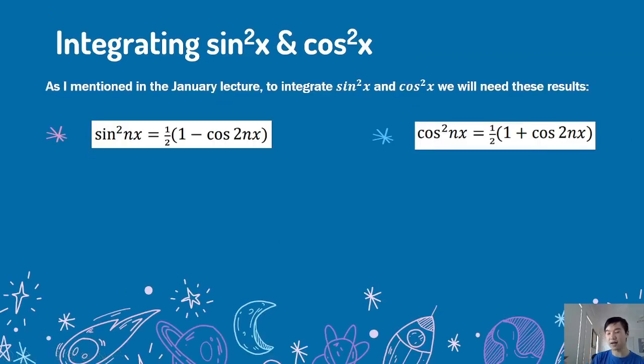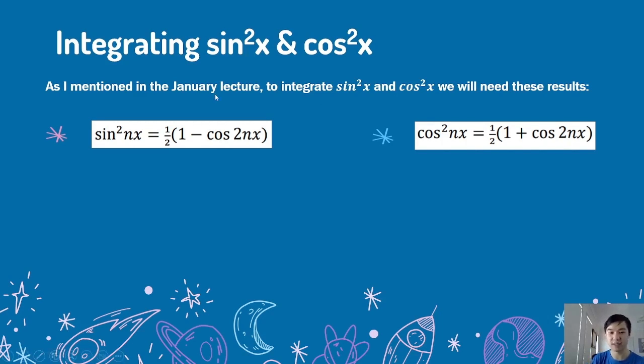Okay, in the January lecture, I also talked about how to integrate sine squared x and cosine squared x. And I mentioned previously that in order to do that, we need to use the double angle formulas that we have for cosine.